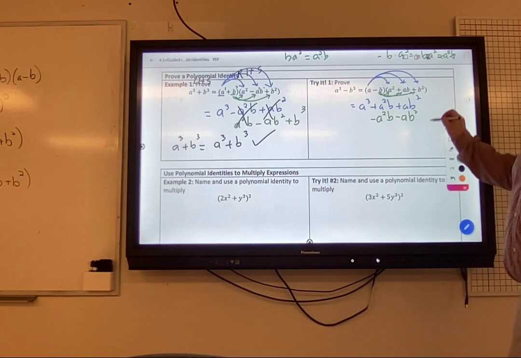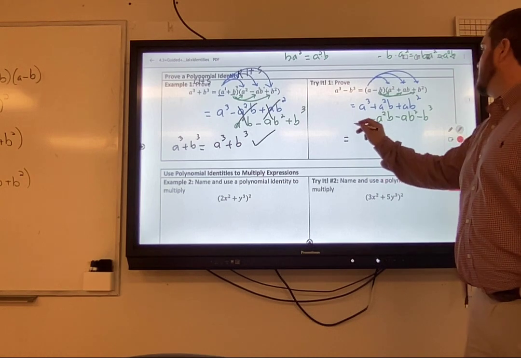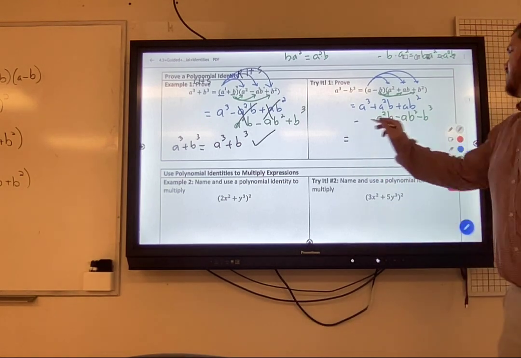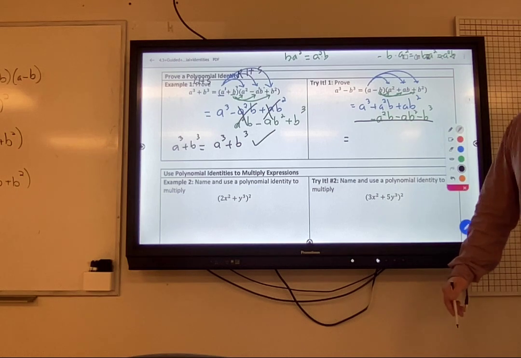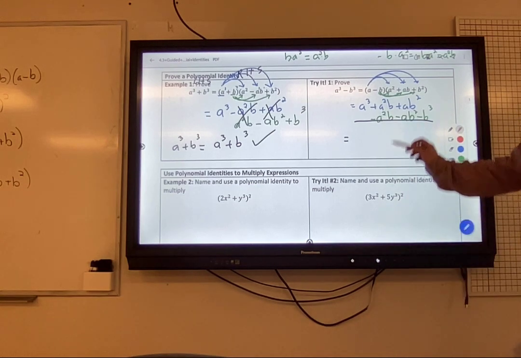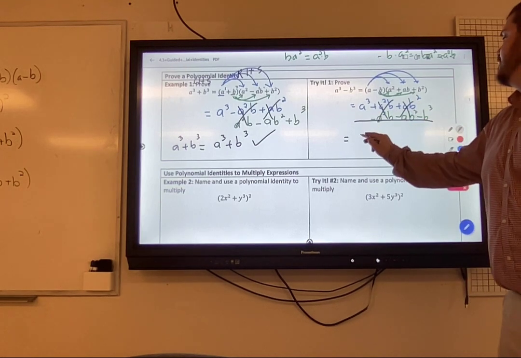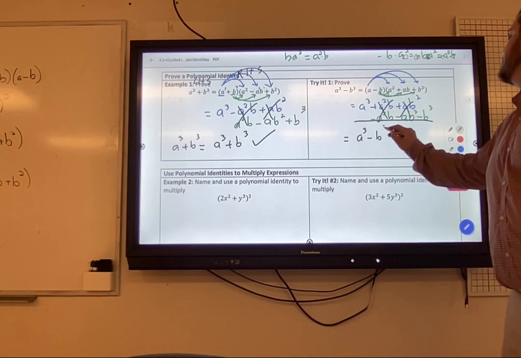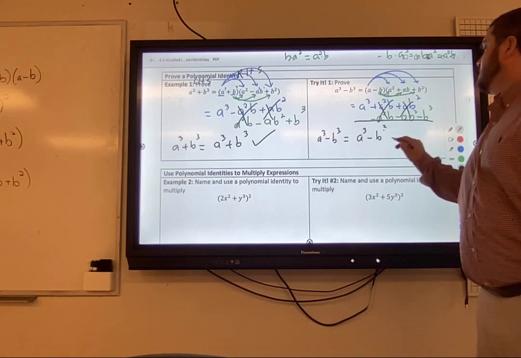And then negative b times b squared, negative b to the third. Guys, anytime you're doing basic algebraic proofs, something should start happening to start making one side look like the other. Here we got opposites. Here we got opposites. And that's going to leave me with just a cubed minus b cubed, which is what we're trying to show that it was equal to.